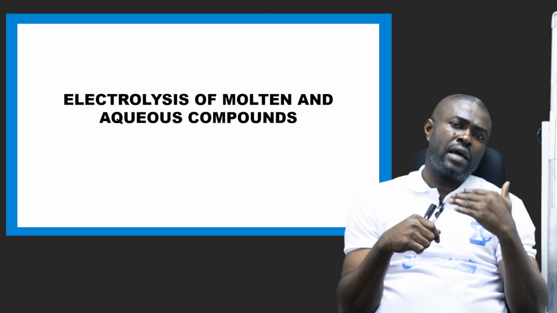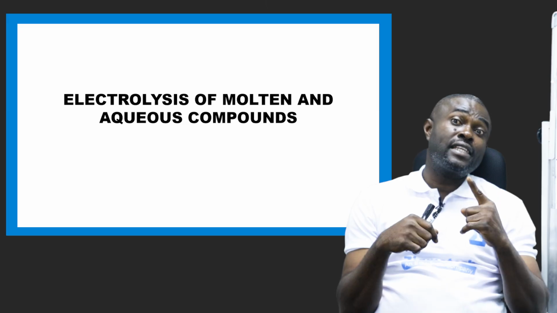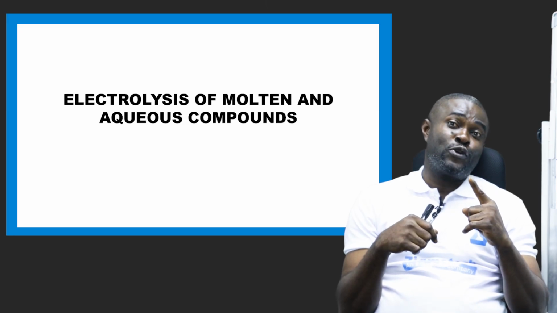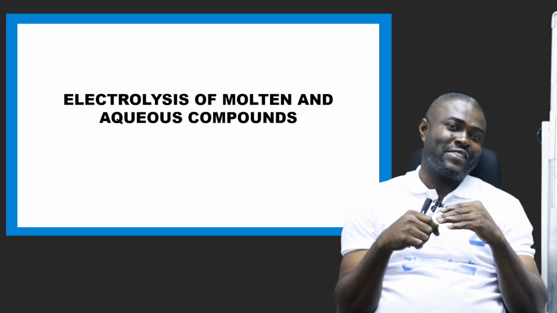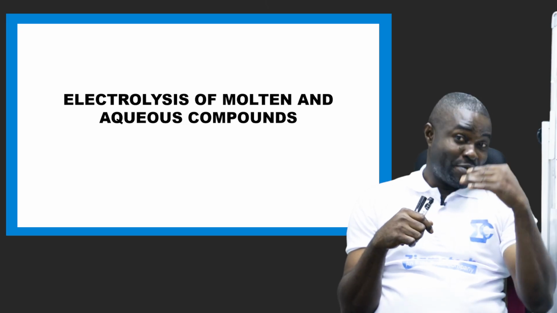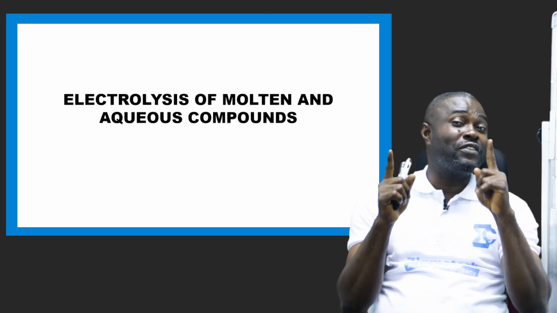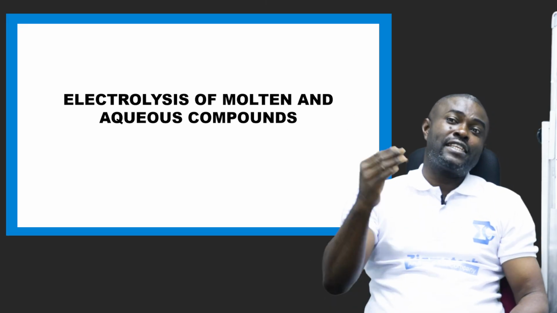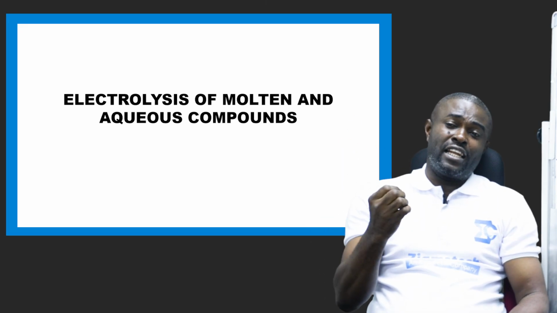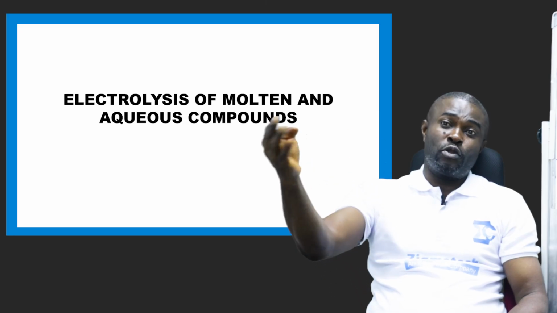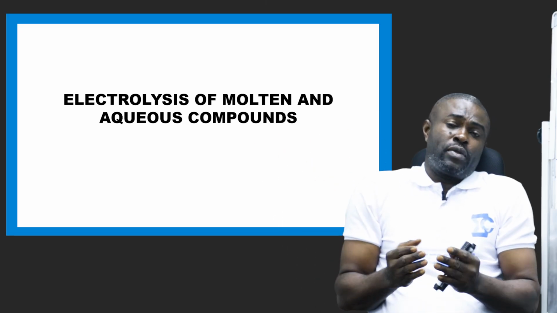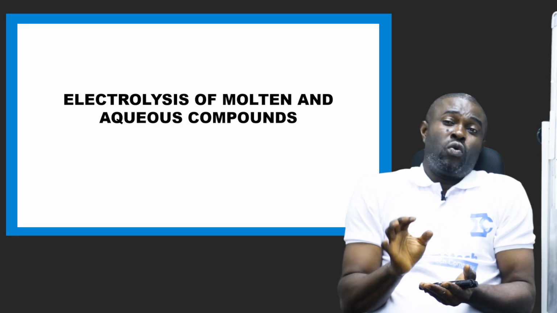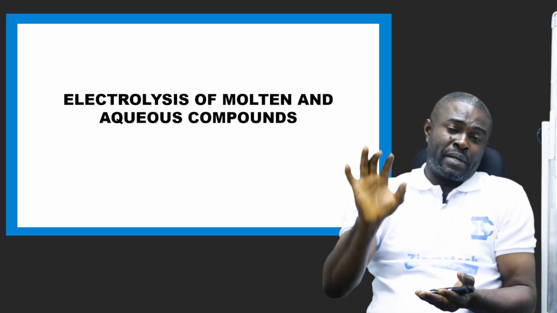The positive ions will locate that rod which is negative. Have you seen it? The positive ion will locate one of the electrodes which is negative. What's it going there to do? When it gets there, it takes in electron to become a neutral atom. The neutral atom now is a neutral element which is deposited at that particular rod.